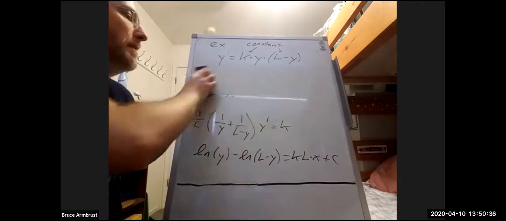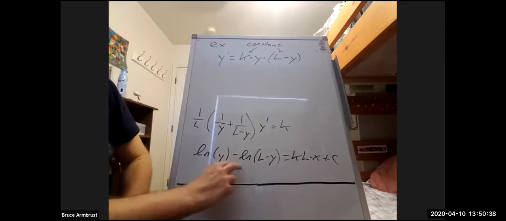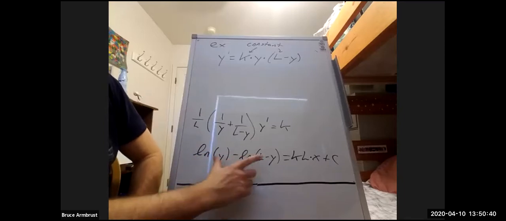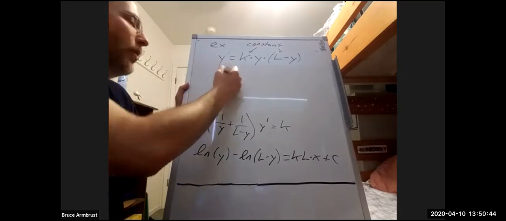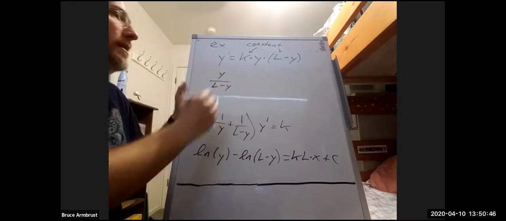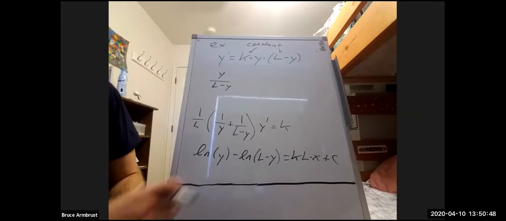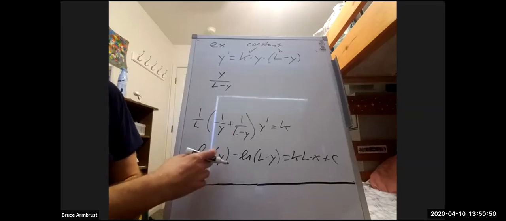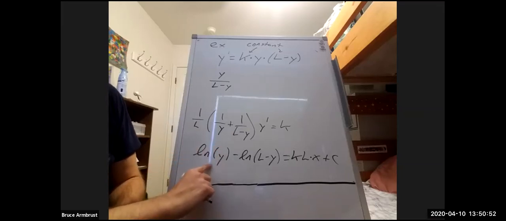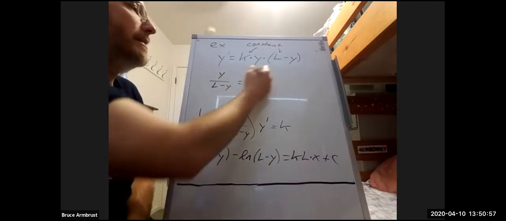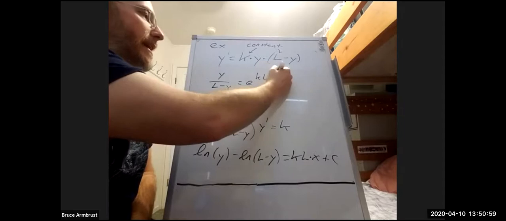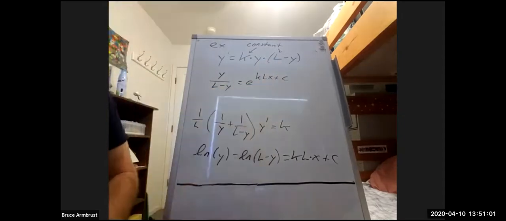All right, so what we're going to do, we've got a subtraction of logs, which means we can put those together as a division. So we're going to have the y over L minus y. Since that's in a natural log, I'll get rid of that natural log by doing e to the power over here. So we're going to get e to the kLx plus c.